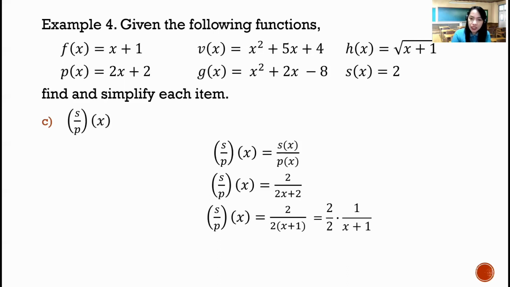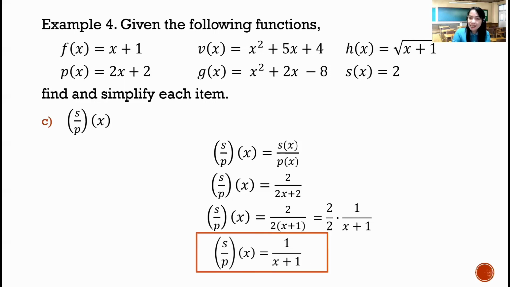So that can be in the form of 2 divided by 2 times 1 all over x plus 1. So here, 2 divided by 2 is 1 and ang matitira na lang is this term. So our final answer is 1 over x plus 1. s over p of x, that is equal to 1 over x plus 1.